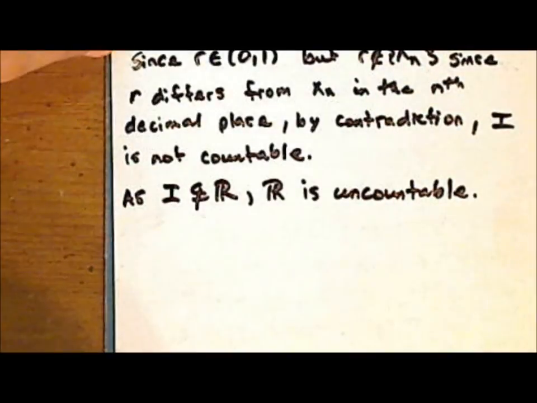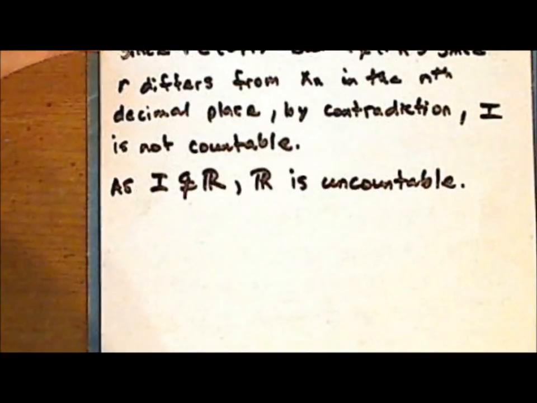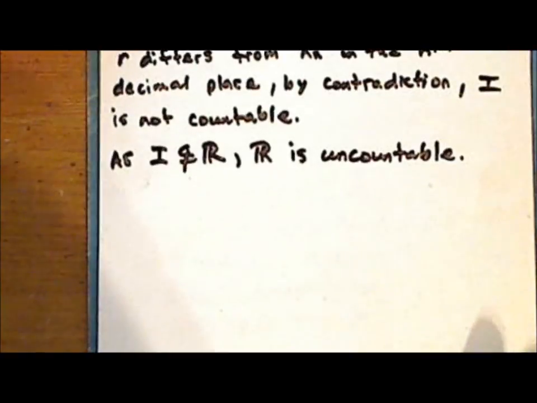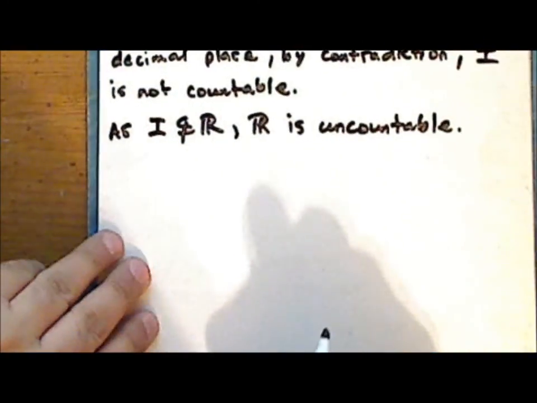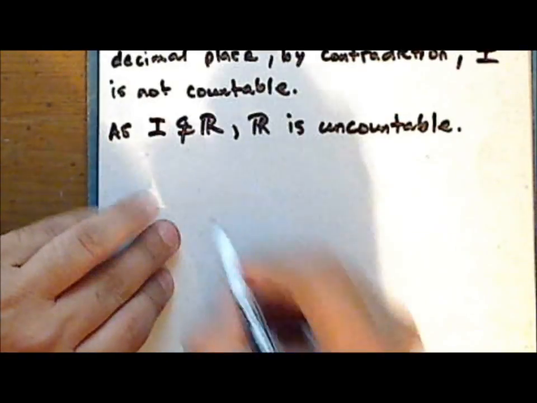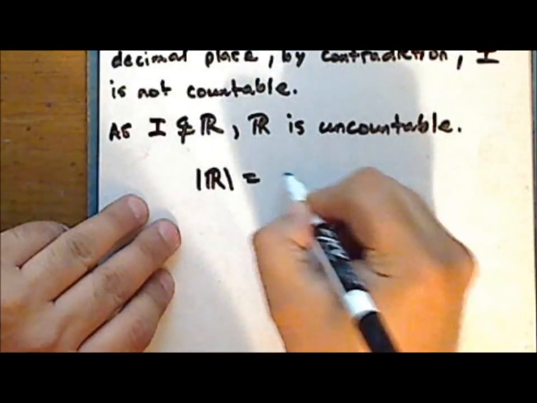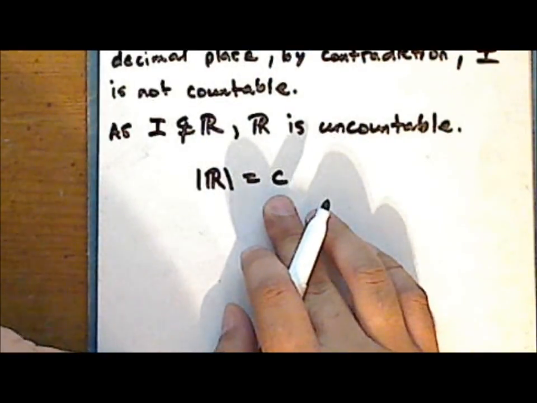Now this is the first set that we've looked at, or that we've proven is uncountable, and so we need to talk about its cardinality. Now remember, the cardinality of a countable set is the transfinite number aleph null. For an uncountable set, we have a new transfinite number, and that is the number c, where the number c is a reference to a continuum.